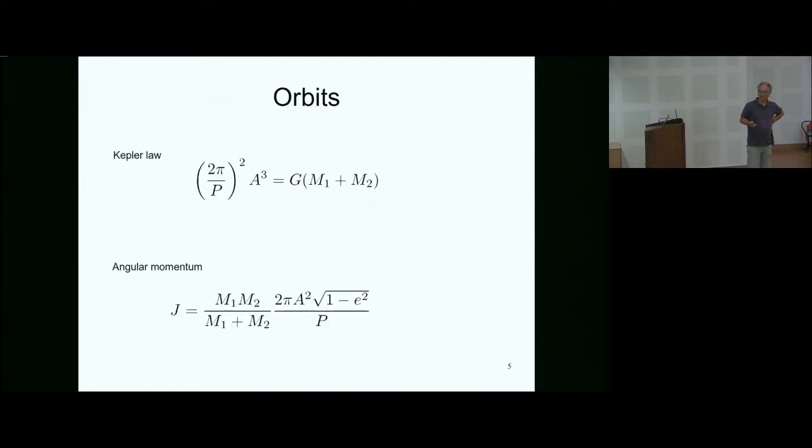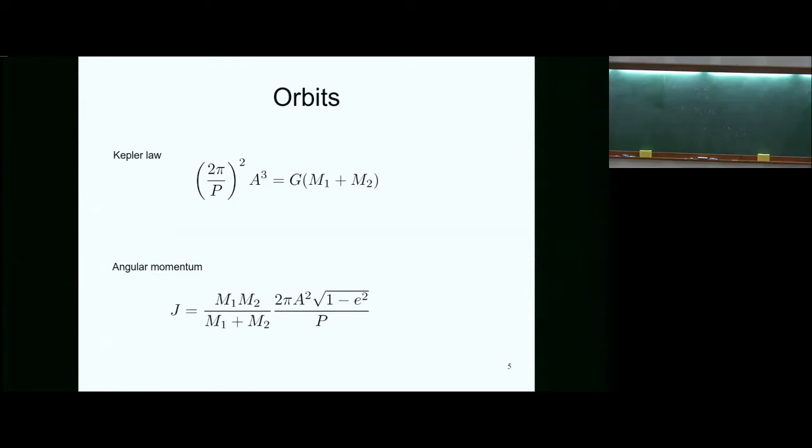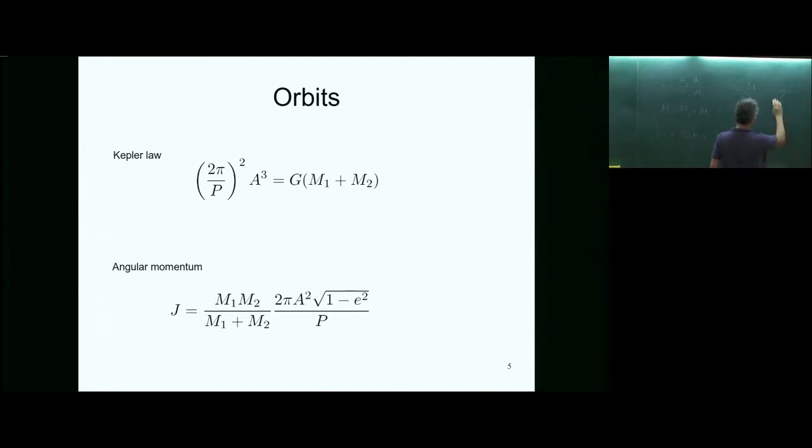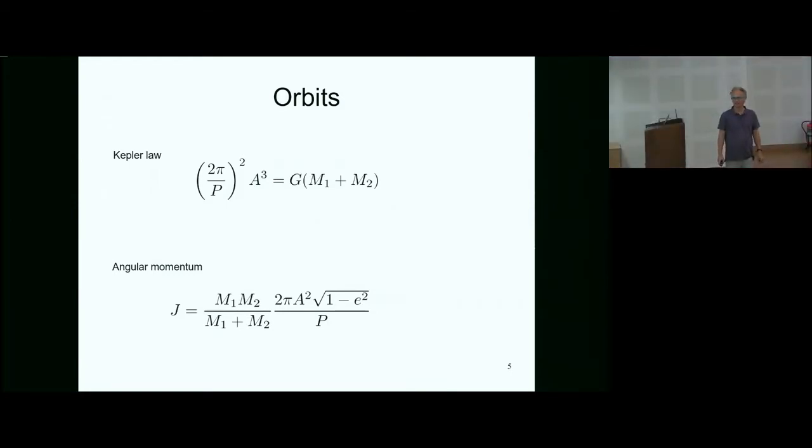So here we have it, and we'll be juggling around this simple formula many times, which is M over a cubed is equal to omega squared, where omega is 2 pi over P. So this is a short introduction to the mechanics of what is happening in orbits.